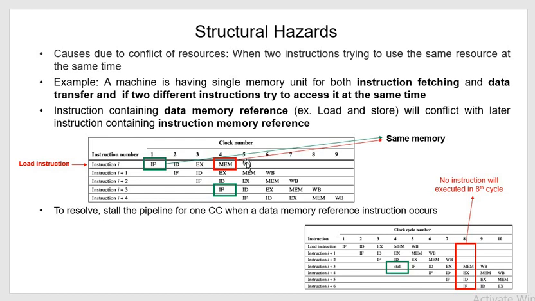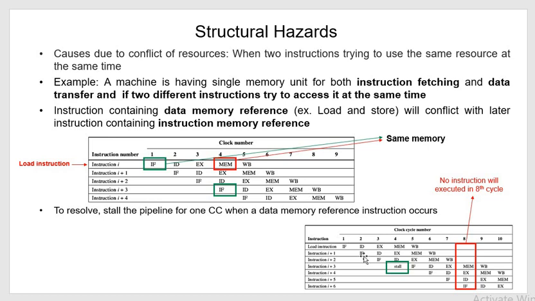We were expecting that after each and every clock, this was our expectation under the ideal circumstances, under the no load condition, we are expecting that after the completion of the 5th machine cycle or 5th clock cycle, we will get the execution of one instruction after each clock cycle.